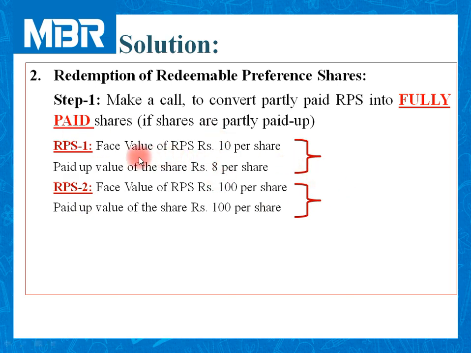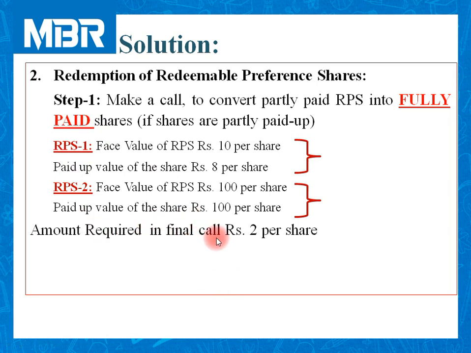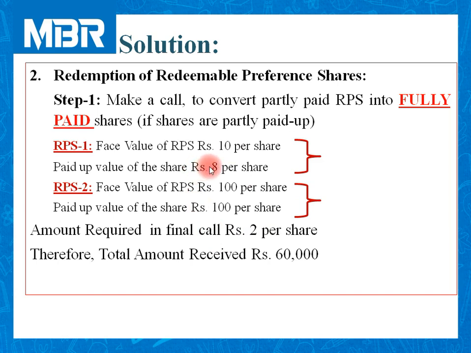RPS 1 face value is rupees 10 per share and the paid up value is rupees 8. RPS 2 face value is rupees 100 per share and the paid up value is rupees 100. So RPS 1 is partly paid up and RPS 2 is fully paid up. Now we need to convert RPS 1 into fully paid up. The amount required in the final call is rupees 2 per share, face value 10 minus paid up value 8.